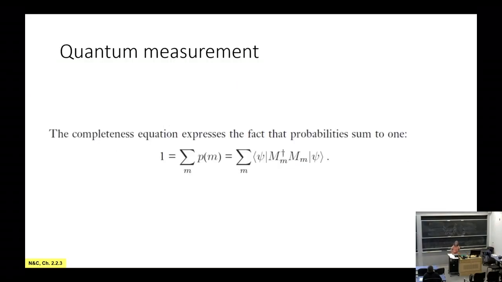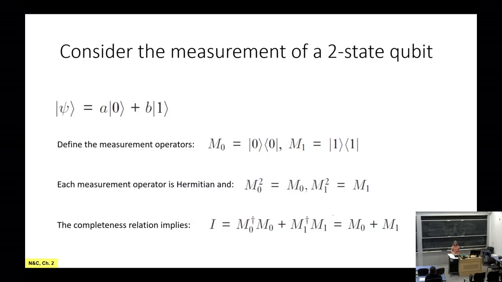So what's interesting about this is that I can understand more about this system, just given different properties of expressions of this type and the fact that my operators are well behaved. So I can say that the completeness equation expresses the fact that the probabilities for my measurement outcomes must sum to 1. And I can actually write down the state of my system after I measure it.